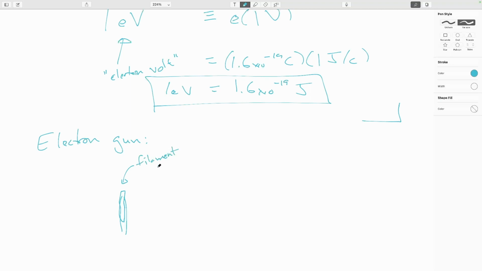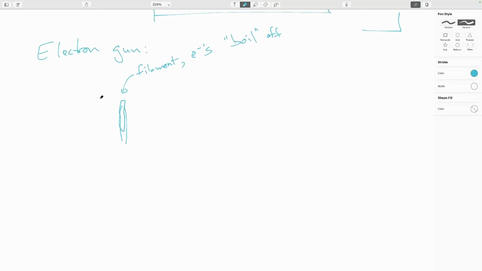And you pass a bit of electric current through the filament. What will happen is that there will be enough thermal energy that some electrons, we always say, boil off. It's not technically boiling, but basically they get so hot that they literally just jump off the filament. We call it boiling off, but it's not really the same thing as boiling water. And then what you do is you put this between a couple of plates, metal plates like so.